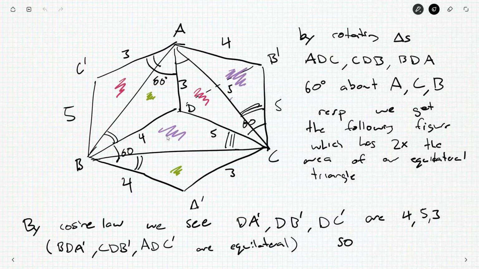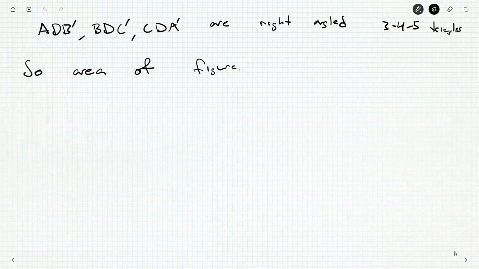So it's 3 right angled triangles and then 3 equilateral triangles. So that's 3 of these plus root 3, 3 squared. So our equilateral triangle formula is coming into play.